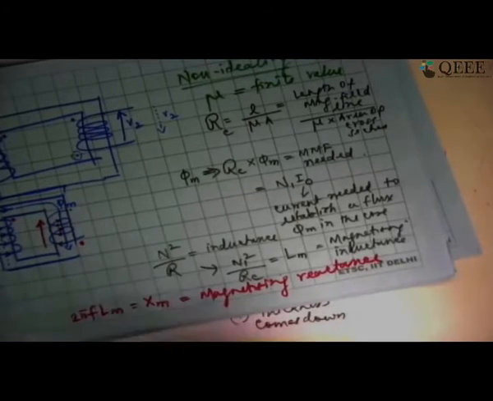So how I can show this in the form of a transformer completely is, let me show the transformer primary winding like this, and the secondary winding like this. Between those two, there is an iron core which I can show with two lines.